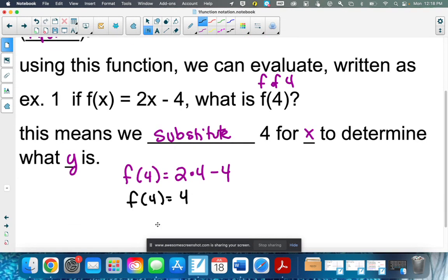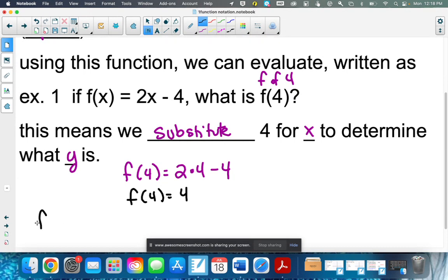I could do another one, and I could say I want to do f of 3. So what is my output when my input is 3? 2 times 3 minus 4. So when my input is 3, my output is 2. Your answers could also be written as an ordered pair, because what we're talking about is points. When x is one thing, y is something else, and that's a specific point.